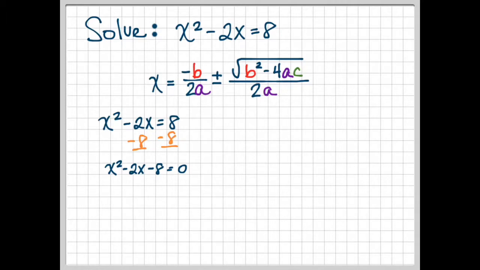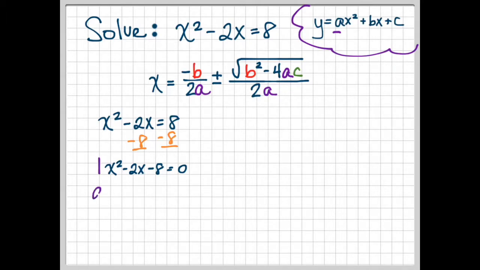So the first thing I'm going to do is look at each of my terms to figure out what the value is for a, b, and c. So I know by looking at the general form on the previous slide, which was y equals ax squared plus bx plus c, we know that the coefficient of x squared is going to be my a term. So when I look at my equation here, there is no coefficient of x squared, so in this case a is going to equal 1.